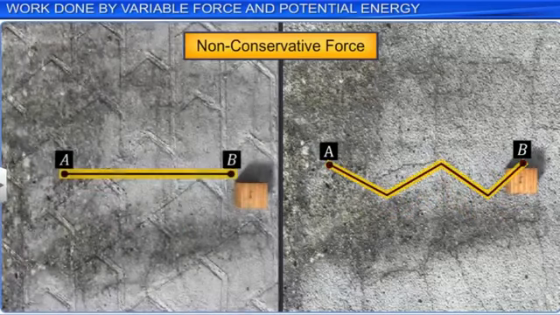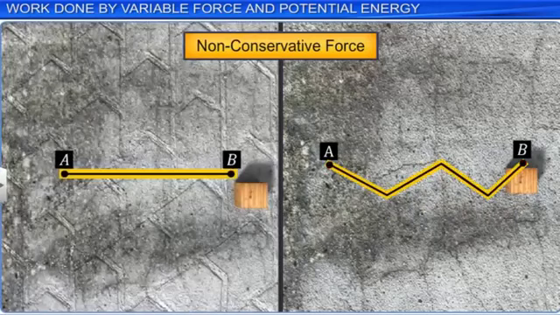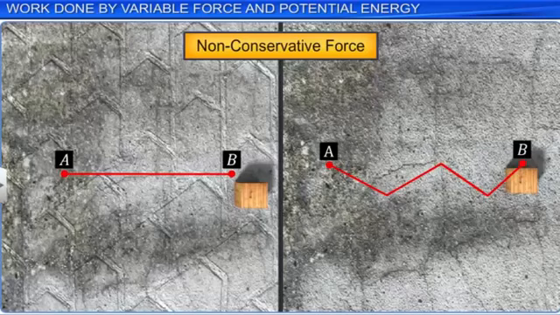The distance travelled is different in both cases. Hence, the work done to overcome the friction in both cases is different and is dependent on the path followed. Thus, friction is a non-conservative force.